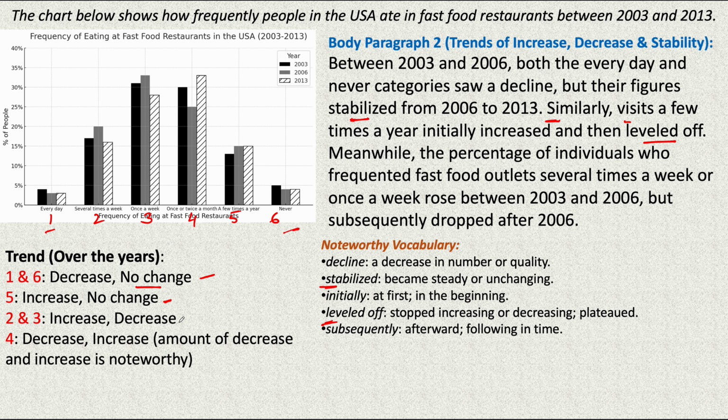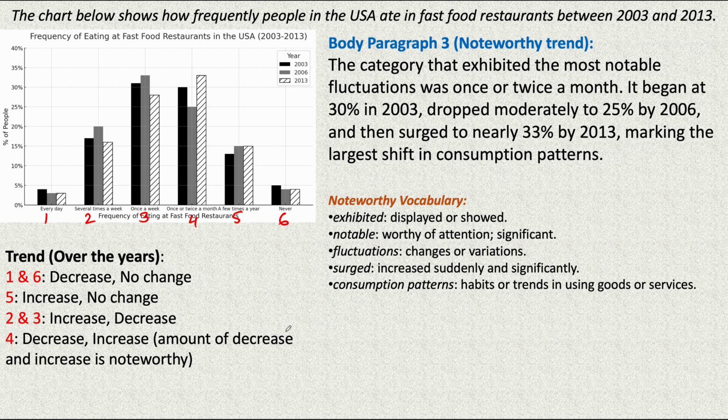Next, we mention the second and the third category, that is several times a week and once a week. Meanwhile, the percentage of individuals who frequented fast food outlets several times a week or once a week rose between 2003 and 2006 and subsequently dropped after 2006. We are now left with mention of this category.